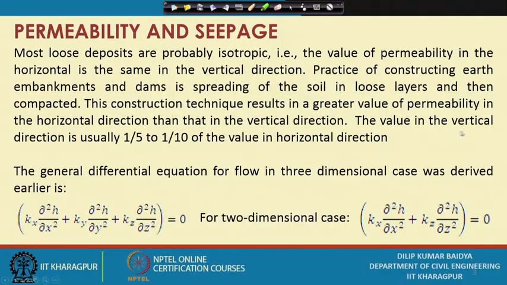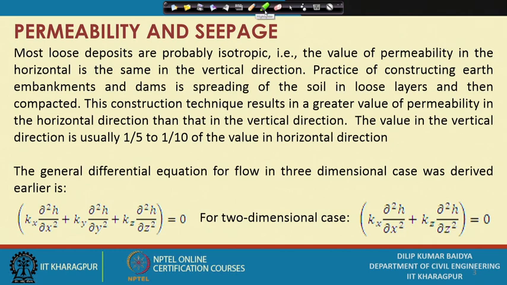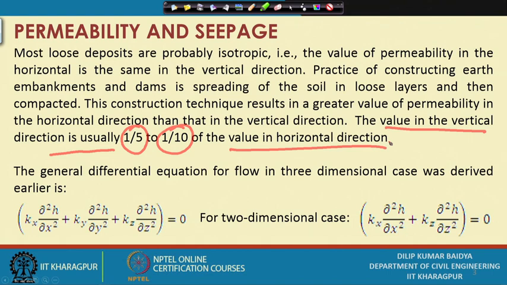In fact, the value in the vertical direction is usually 1/5 to 1/10 of the value in the horizontal. So, the horizontal direction is always higher than the vertical.